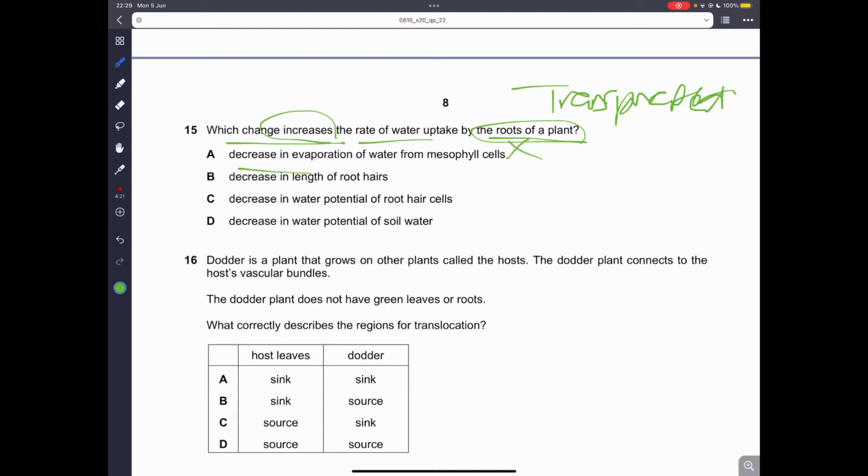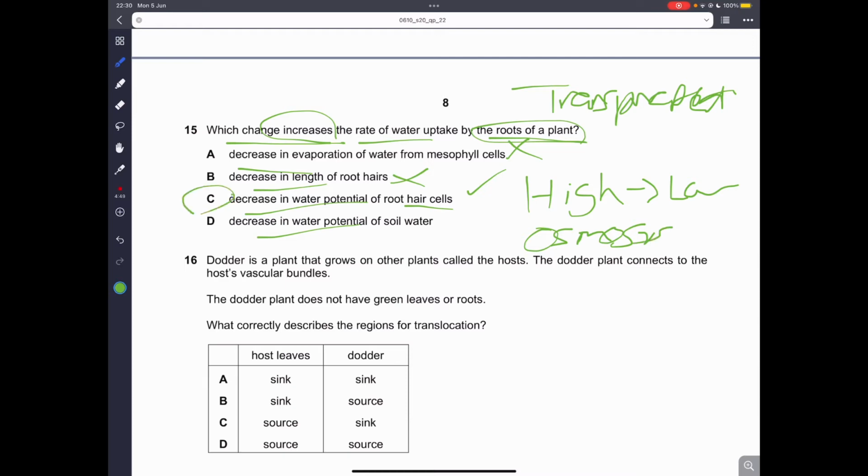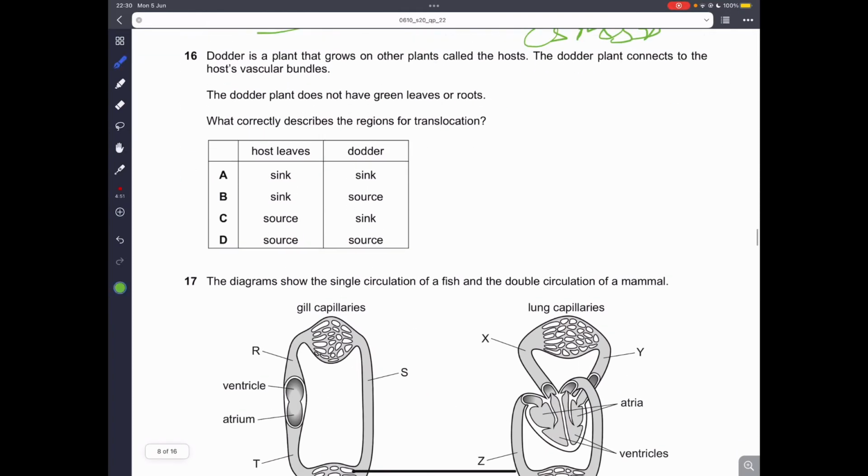So a decrease in evaporation would not work, and a decrease in the length of root hair cells also would not work. However, a decrease in water potential of the root hair cells would work. If there is lower water potential in the root hair cells than in the soil water, then the water is going to go from high water potential to low water potential, and this is called osmosis, and therefore C is the correct answer.